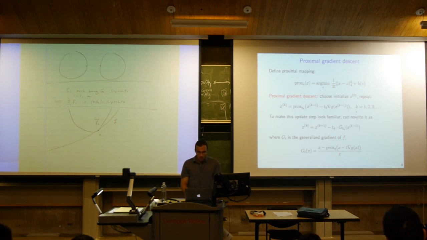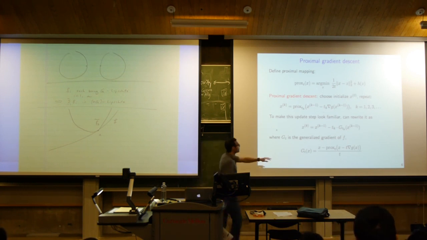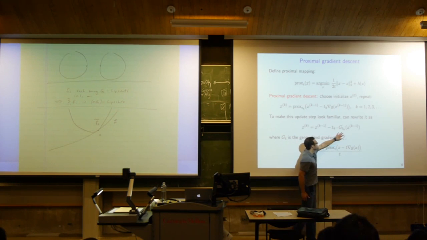So if you want to make this update step look more familiar, right, this doesn't quite look like what we do in gradient descent. It kind of does, but we have this outer call to a prox. You will often see this written as x_k equal to x_{k-1} minus t_k times something called the generalized gradient, which we denote by capital G at the point x_{k-1}, where this is just defined in such a way that it makes this relationship true, given that this is our actual algorithm. Okay, so there's nothing insightful happening here. I'm just saying you can always define G in such a way that you can write the updates in this form.